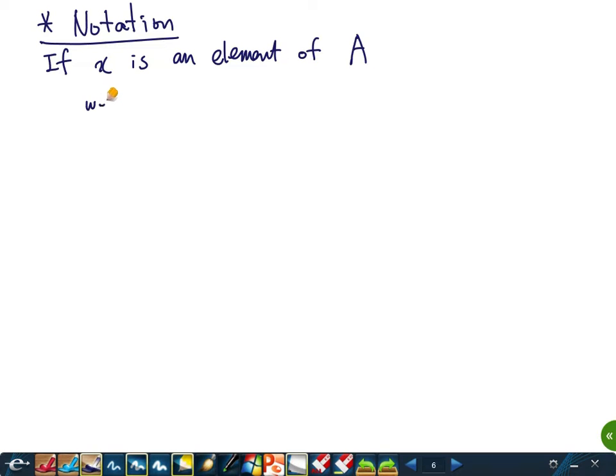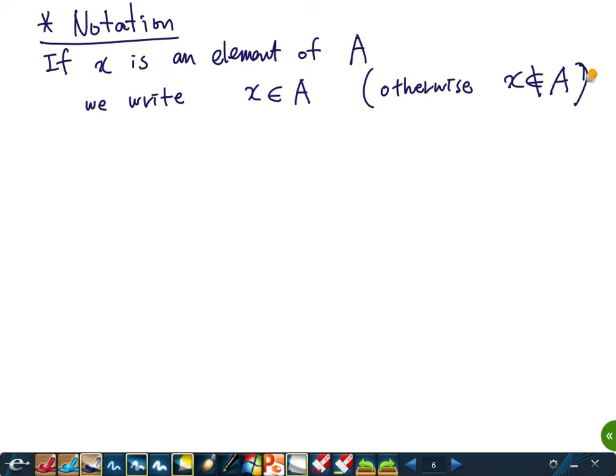We write in this way. Oh yeah, by the way, I already used this notation. Otherwise, if X is not an element of A, we write this way. So this means X is an element of A, or X is in A, X is not in A, etc.